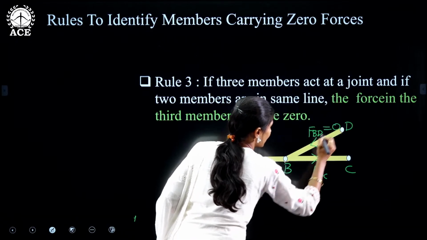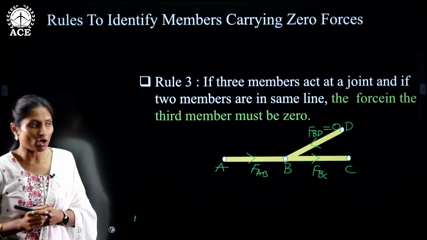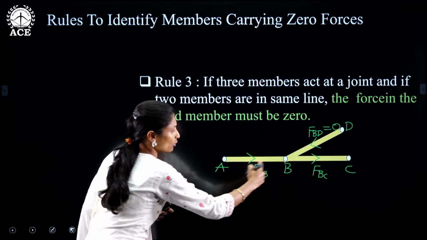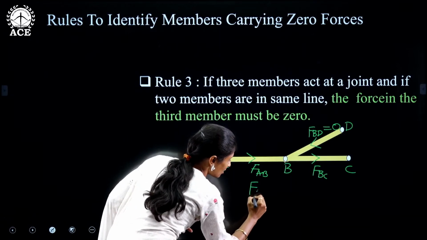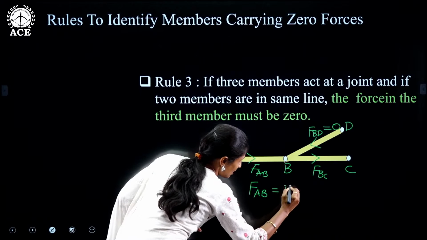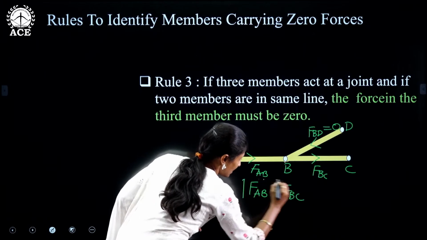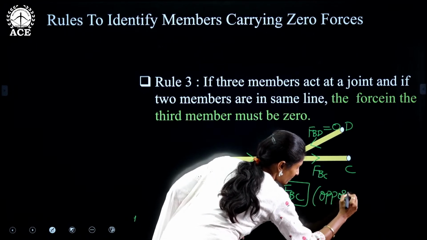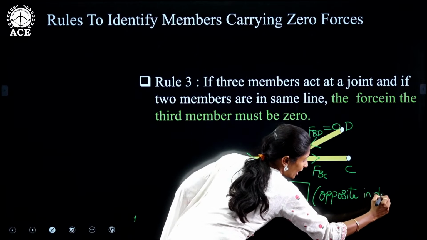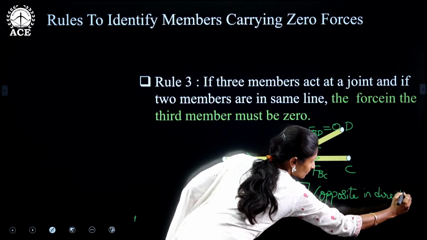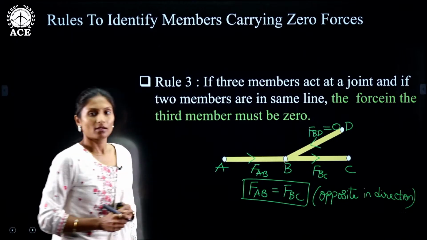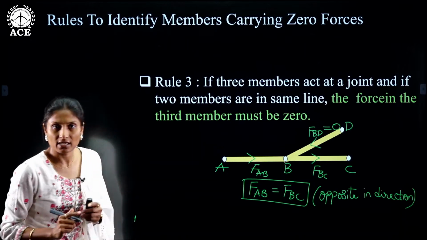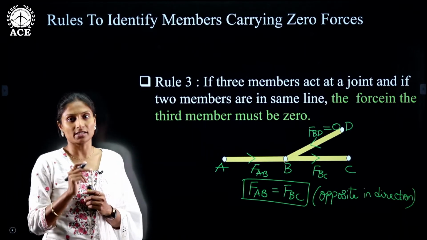The force in FBD must be 0 because it is not lying in the same line as AB and BC. Now the force in the member AB must be equal to the force in the member BC, but opposite in direction.